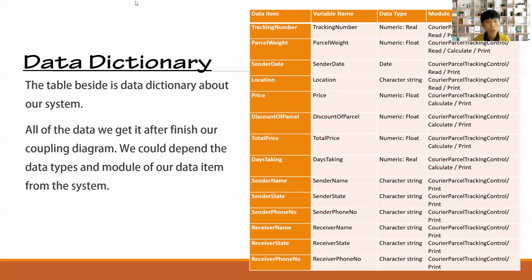For example, we can insert the tracking number, whose variable name will also be tracking number, and data type will be real or integer. For the module, we can look above: courier parcel tracking control, read and print, and the others are more or less the same.